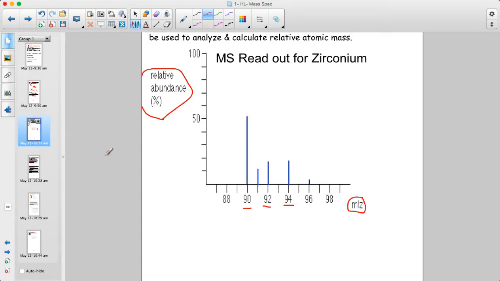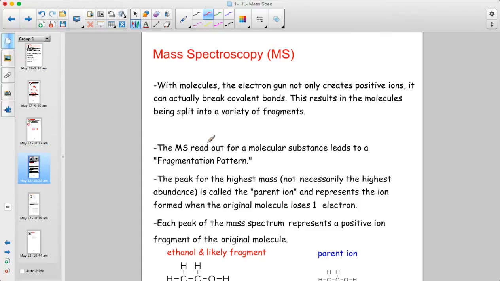And the reason for that is that if we send molecules through a mass spectrometer, like organic molecules made of carbon, hydrogen, oxygen, the electron gun not only creates positive ions, it actually can break some of the covalent bonds, which results in the molecules splitting and breaking apart into a variety of little pieces or fragments.